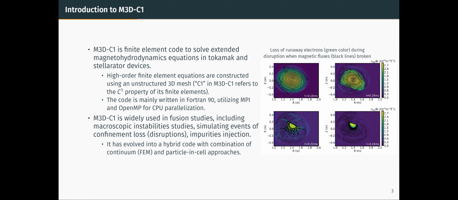But when the field surfaces break and become stochastic, you can see the loss of runaway electrons, shown in green here. This whole thing can happen within 0.1 milliseconds. Recently, we have also developed a particle-in-cell function in this code, so the code has evolved into a hybrid code combining continuum FEM and particle-in-cell approaches.